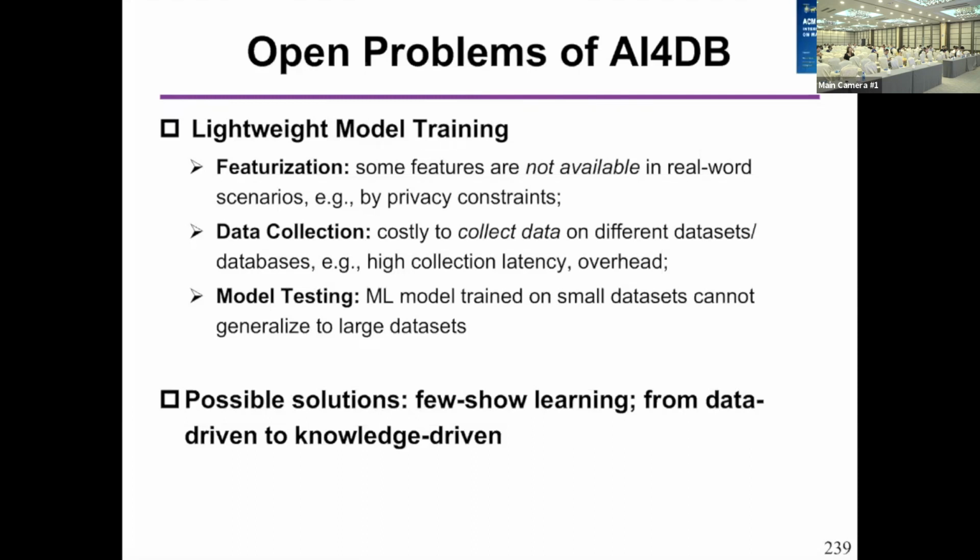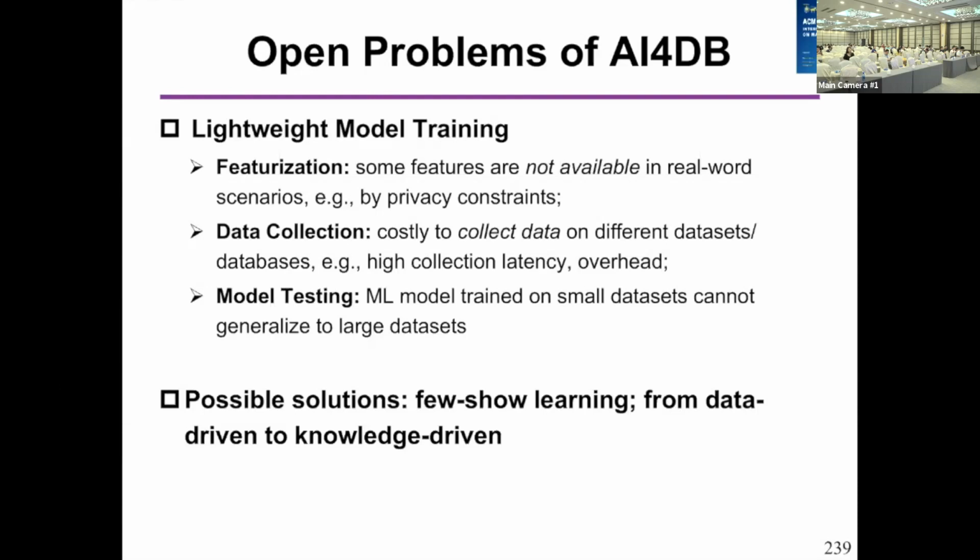So there are some challenges, for example, featurization. Can we have a model that can be utilized to support different scenarios? And can we extract effective features? And the data collection, how can we collect training data, for example, from the production machine? It's very important to guarantee the performance of the running queries. But how can we collect data that does not affect the performance of the production machines?